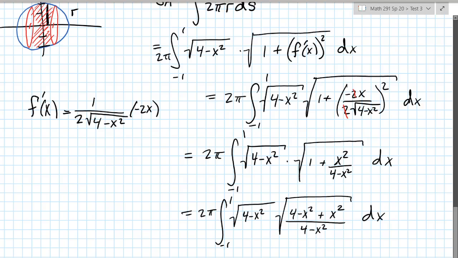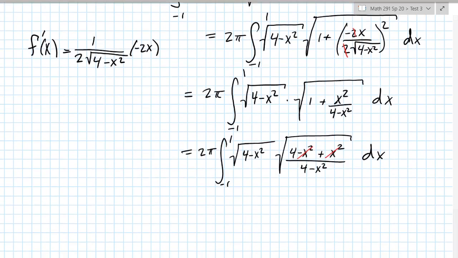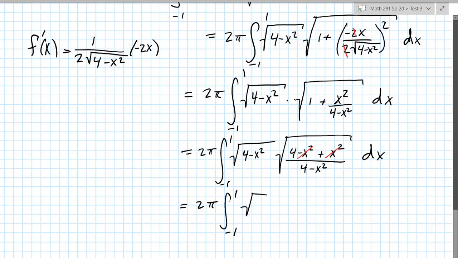And it looks like we'll be able to combine some like terms here and here, which leaves us with a perfect square in the numerator of 4. And also note, it looks like we're going to have a bunch of stuff cancel out.